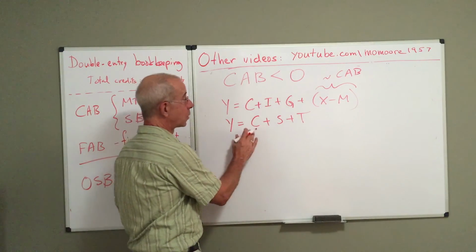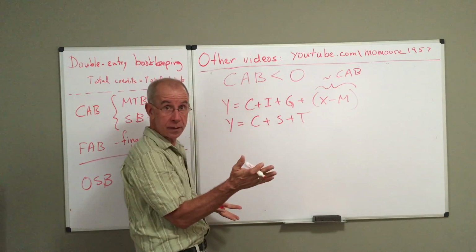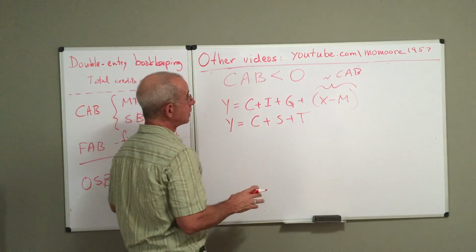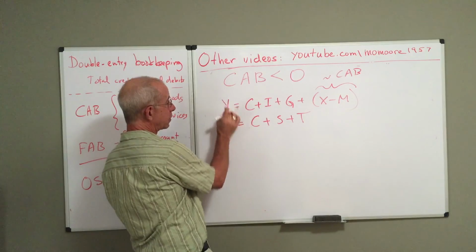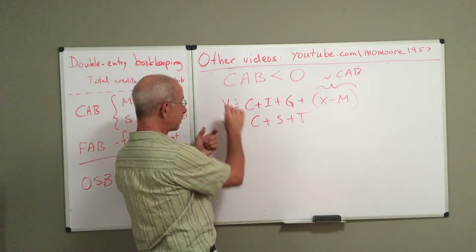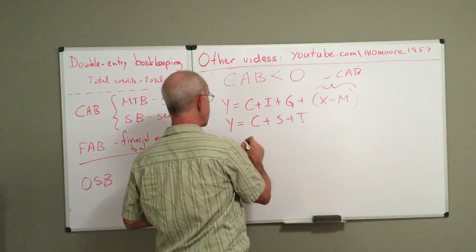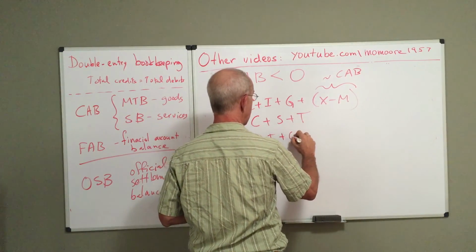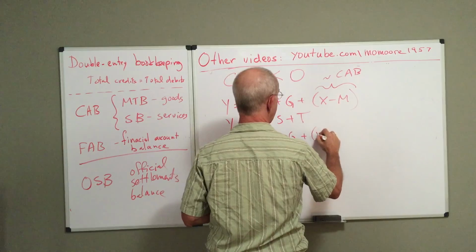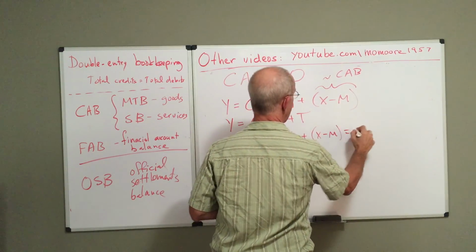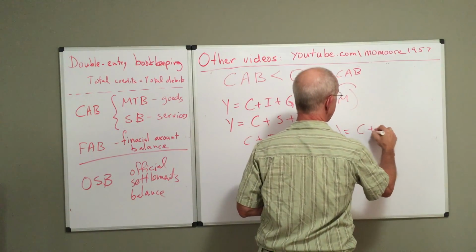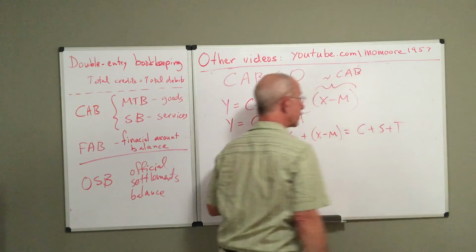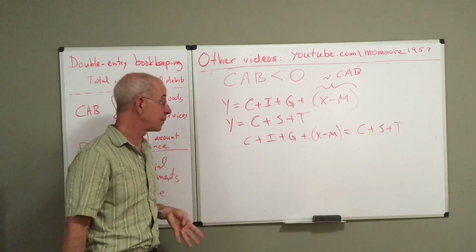So income really fits into one of these pots. So we have these two relationships which are equal to the same thing, equal to Y. We can then rewrite those two equations. Okay, they're both equal to the same thing, so we'll set them equal to each other.